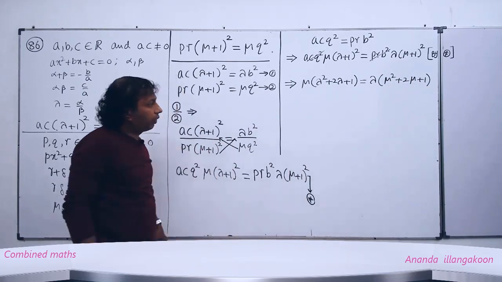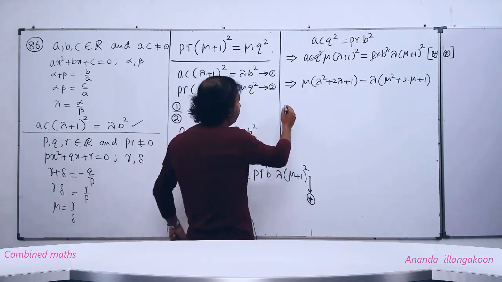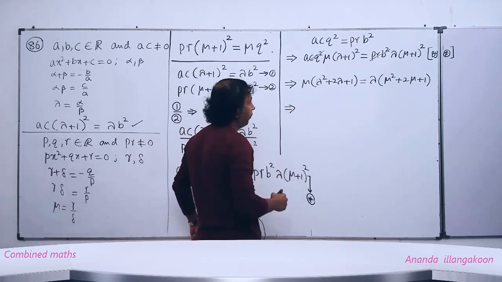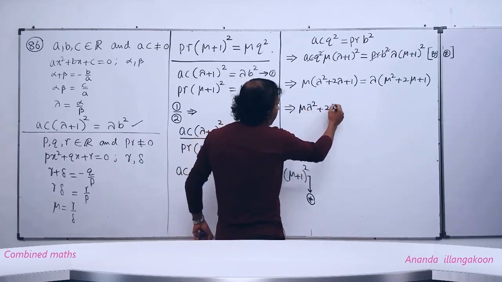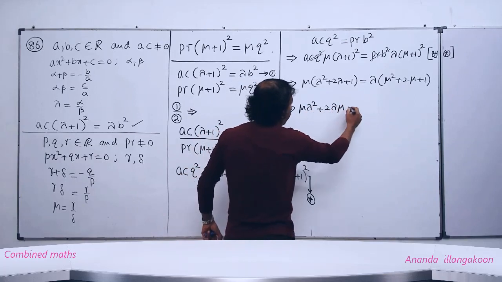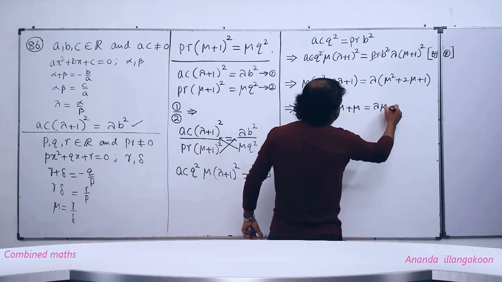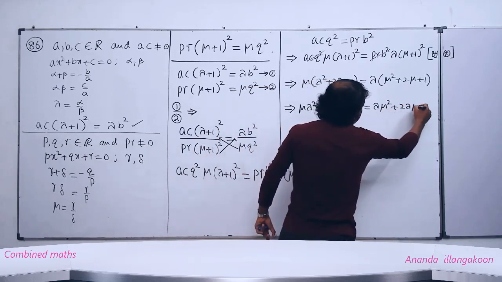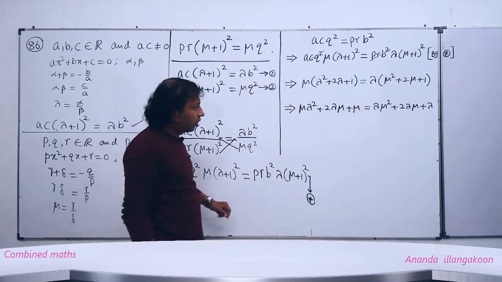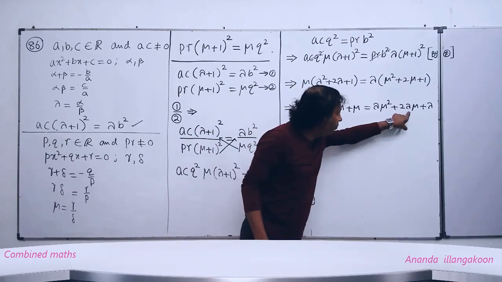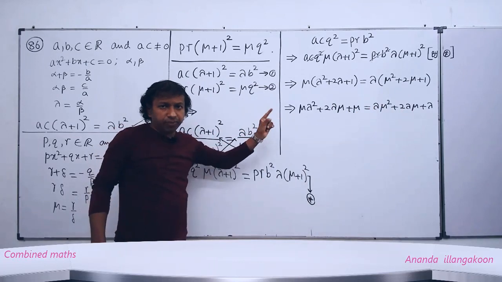Okay, people? Right. Now we'll simplify this furthermore. Mu lambda squared plus 2 lambda mu plus mu, right hand side, lambda mu squared plus 2 lambda mu plus lambda. You can very clearly understand this 2 lambda mu: once you bring it to the left hand side, that will be minus 2 lambda mu, and it cancels off the plus 2 lambda mu.